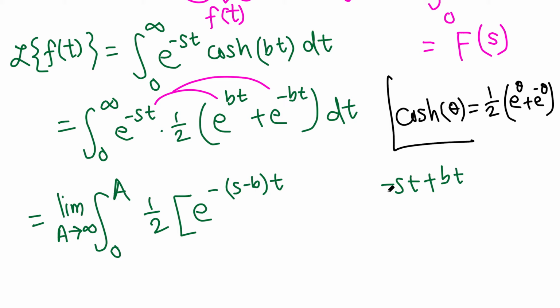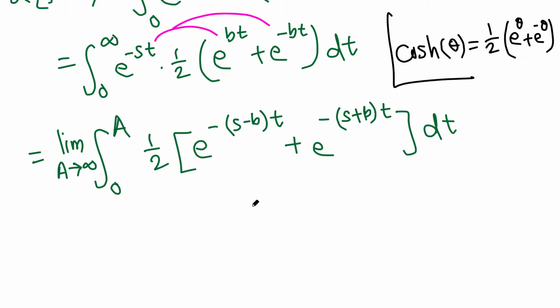I took negative and t out, which leaves s minus b. Similarly for the second term, we get plus e raised to negative s plus b times t. The 1/2 is pulled outside, with the limit as a goes to infinity.